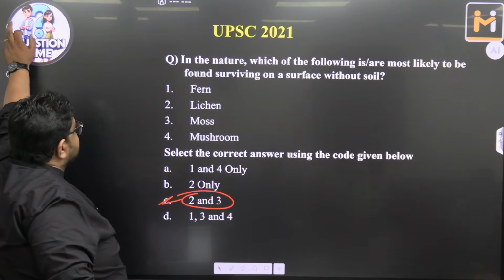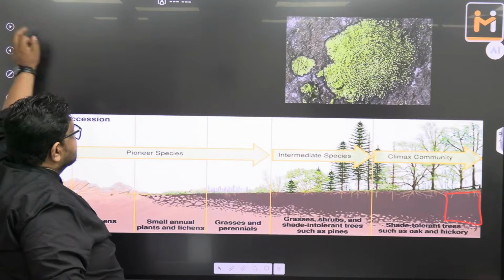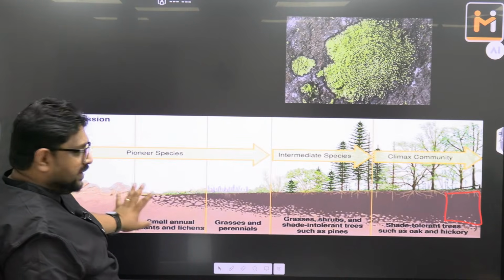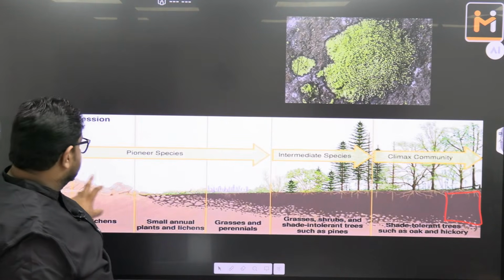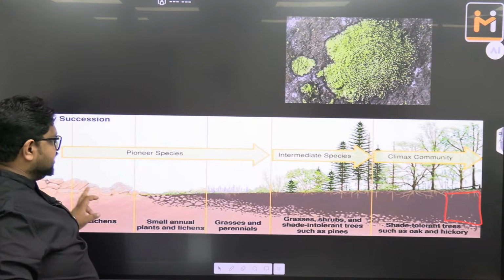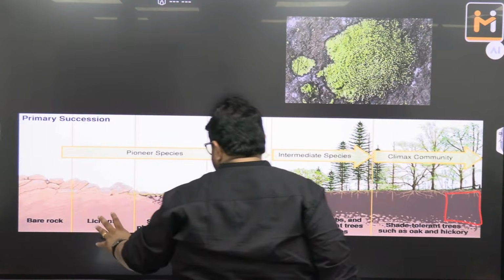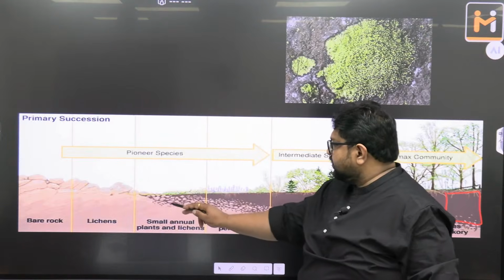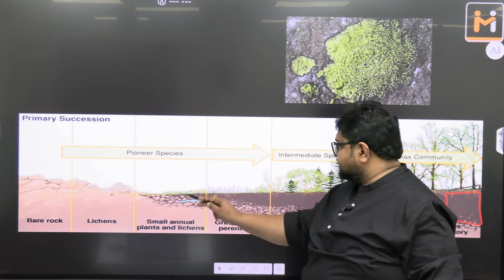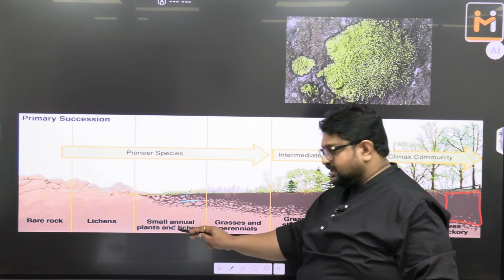So this is primary succession. There is rock, there is improvement, first plants, lichens. Now because of the improvement, small annual plants, grasses come along with lichens.